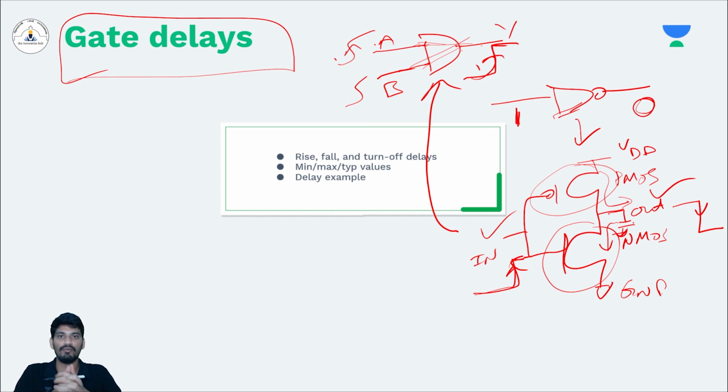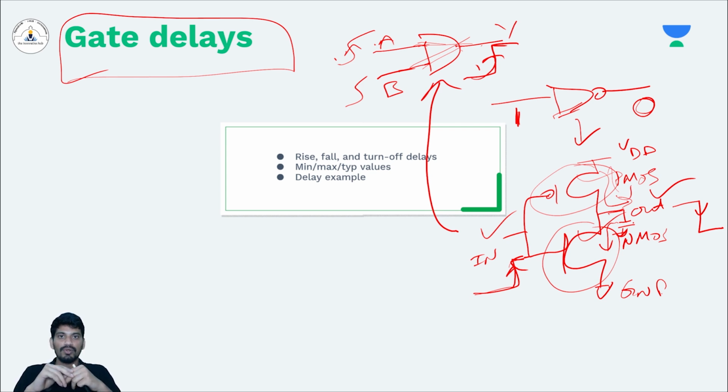Because in the real world, when you dump the code inside the FPGA, it will not take the ideal cases; it will always consider the real world cases, because the FPGA itself is made using MOSFETs, right? So the MOSFETs have some inherent internal delays like this, and you have to address them.